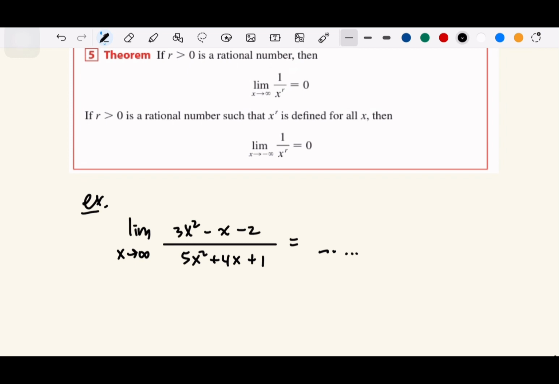Any idea? What do you do to solve it? Any idea? 0 over 0, and then third superpose.